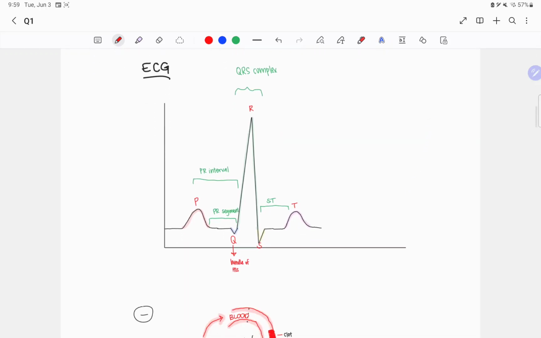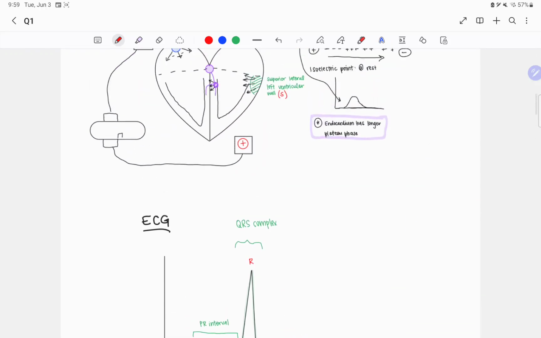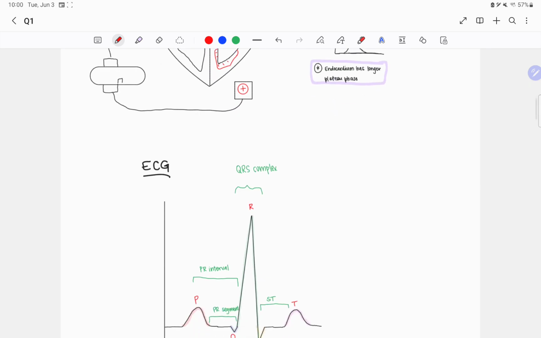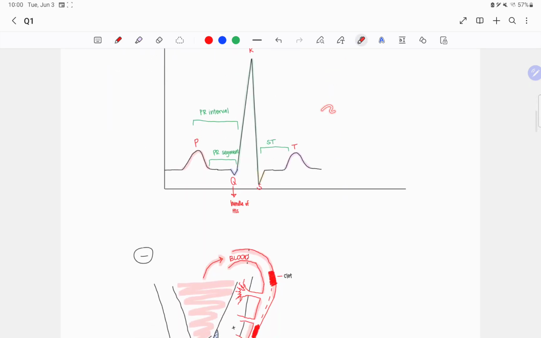But that's how that works. So if we had something going wrong on our endocardium right here, and it repolarized before the epicardium, then we would have an upside down T wave. Okay, and so that would lead us to start thinking about what some things might be going wrong.